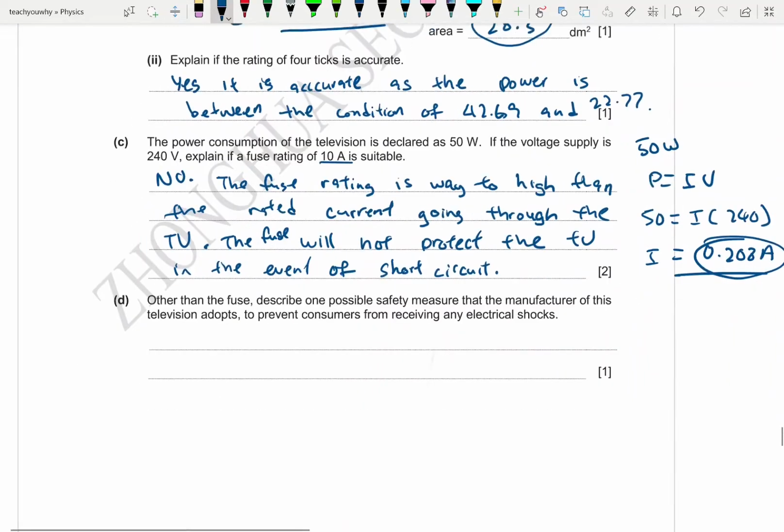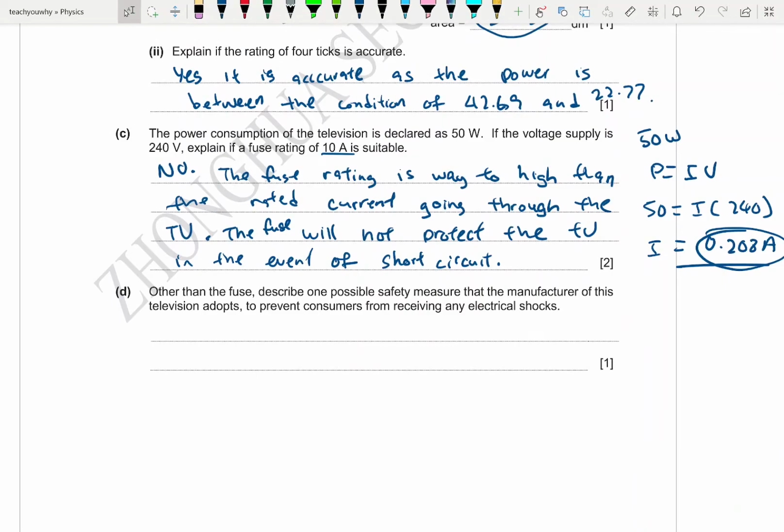Okay, so other than the fuse, describe one possible safety feature that the manufacturer of this TV adopts to prevent consumer from... okay, so if you take a look at a TV, all the TV covers are actually made of plastic. So in this case, we say that it will be double insulated.